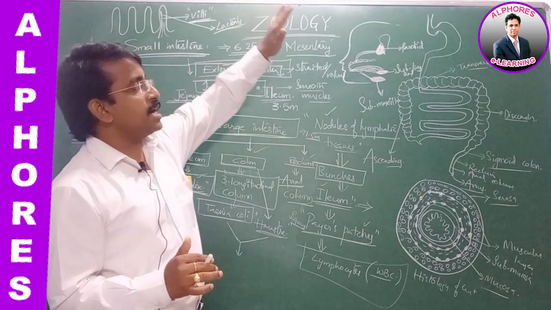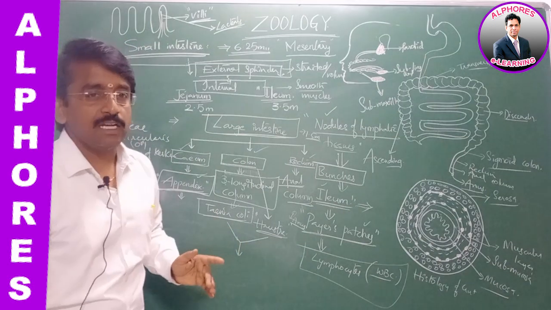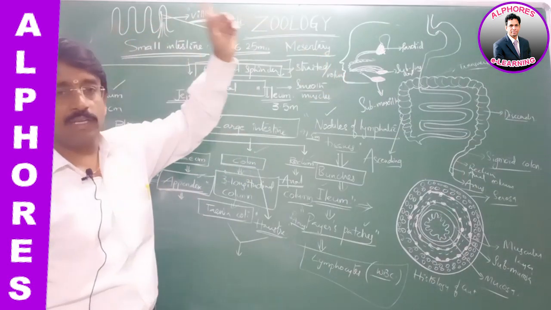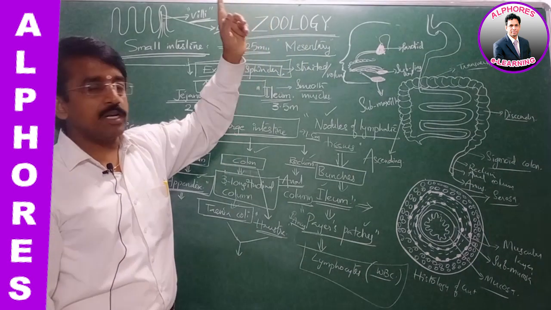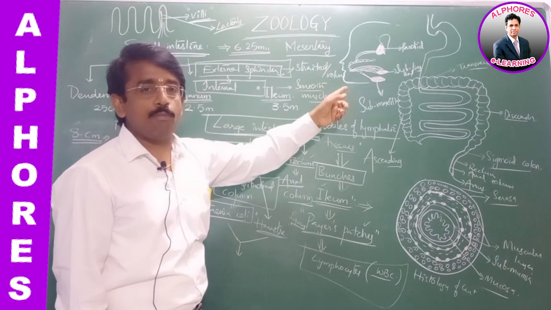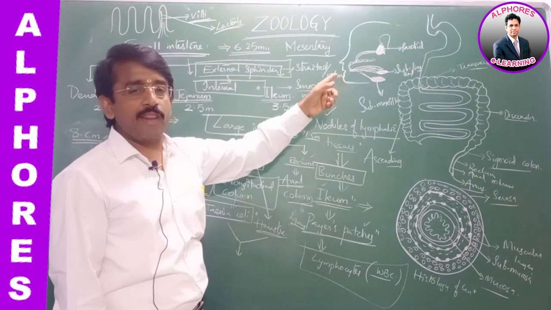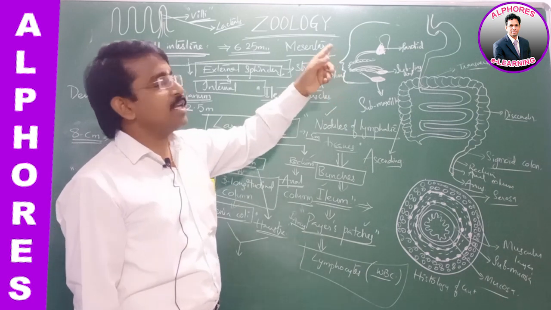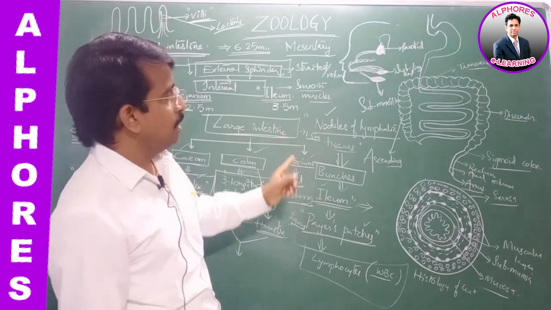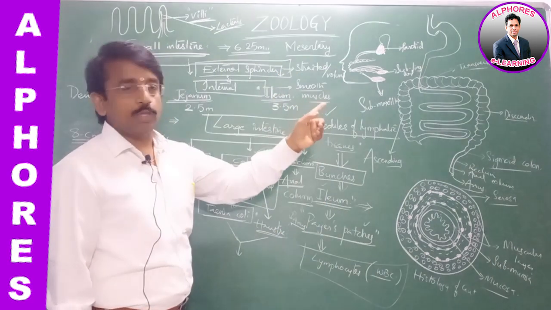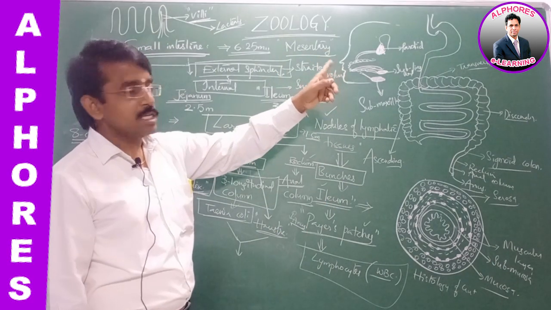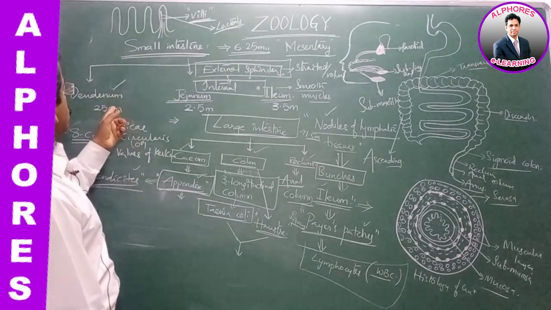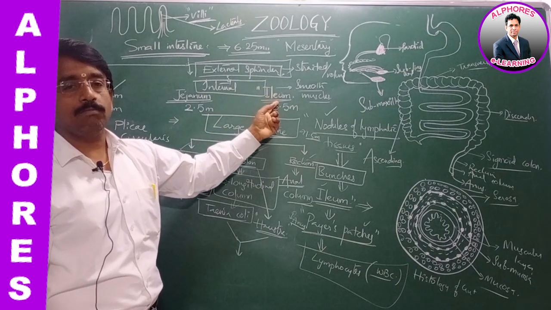So this is entirely about the gut, which starts with the mouth. The mouth leads into the buccal cavity, then into the pharynx, which is a common passage for food and air, and is of naso, oro and laryngo parts, then into the esophagus, then the stomach, then the small intestine, which is of duodenum, jejunum and ileum.